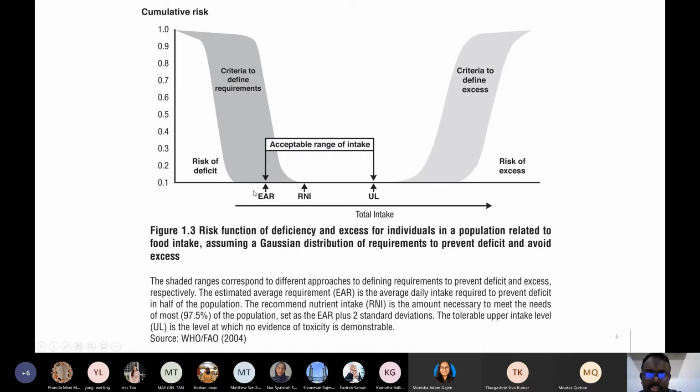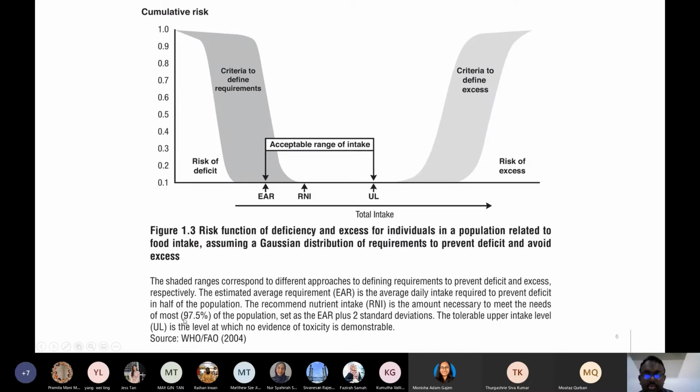The shaded range corresponds to different approaches to defining requirement to prevent deficits and excess. Okay, so the estimated average requirement, EAR, is the average daily intake required to prevent deficit in half of the population, of 50% of the population. And the recommended nutrient intake, RNI, is the amount necessary to meet the needs of most of the population, around 97 to 98%.